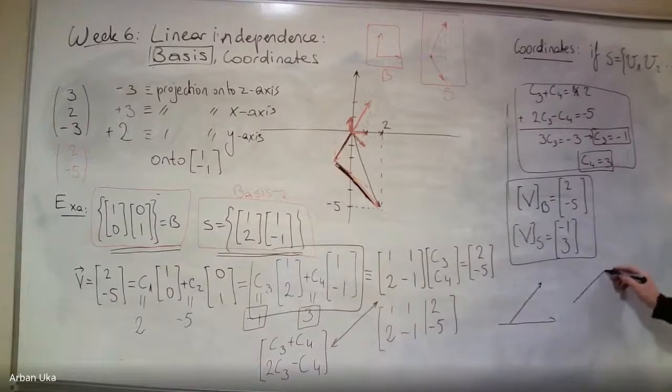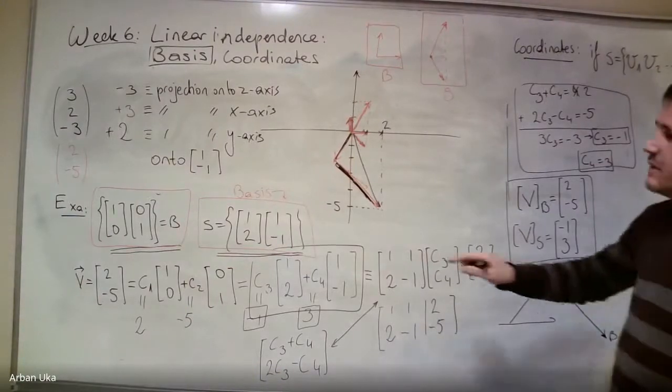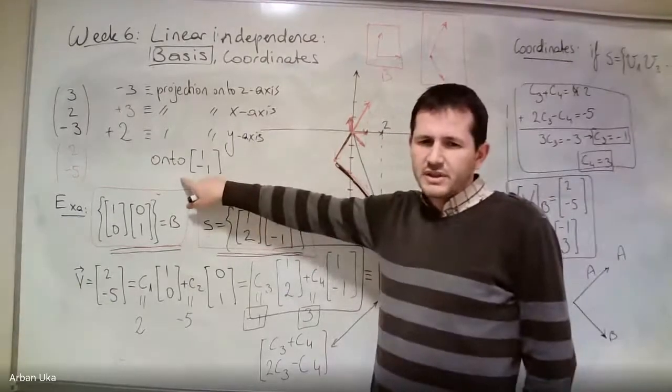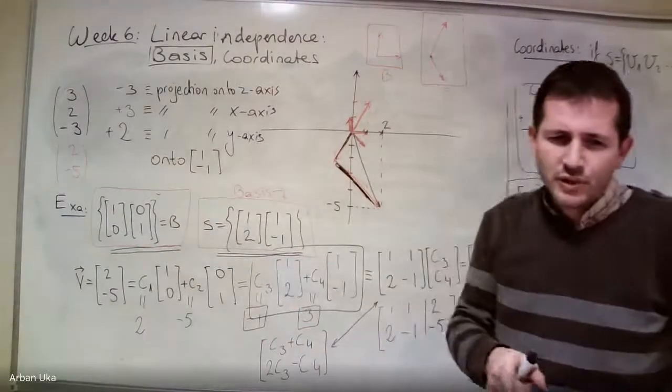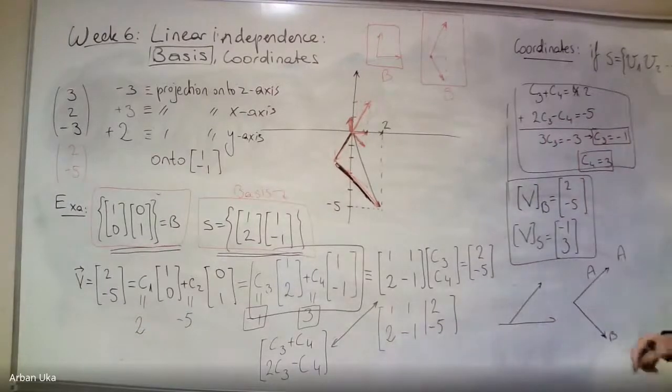Let me do it like this. So this is vector A, and this is vector B. What is the projection of A onto B? In fact, maybe I'm not 100% correct here, but for you that correctly mentioned that we do the inner product, in fact, we can do it like this. The projection of A onto B is equal to A inner product with the unit vector along B.